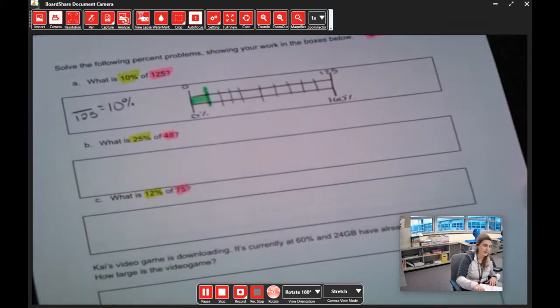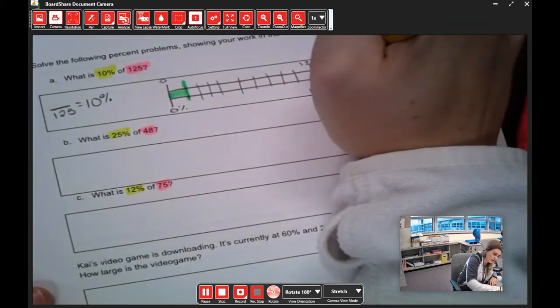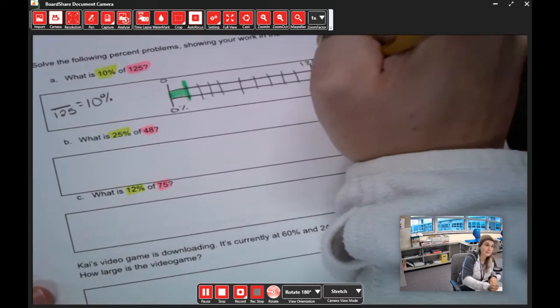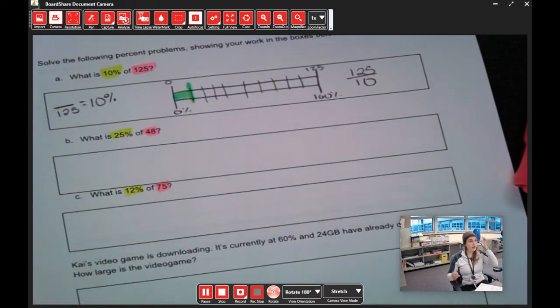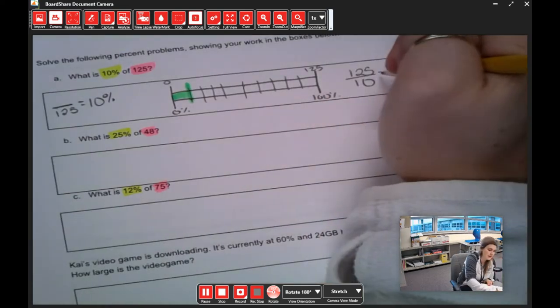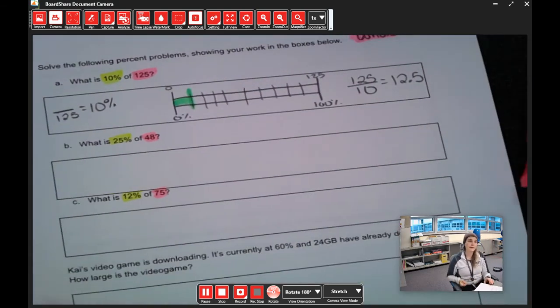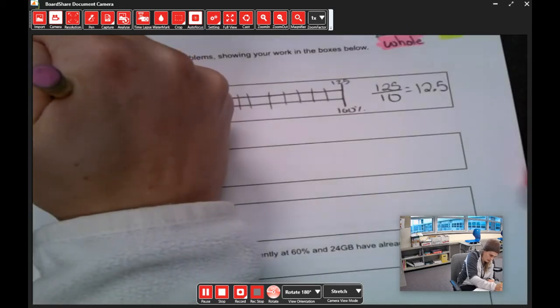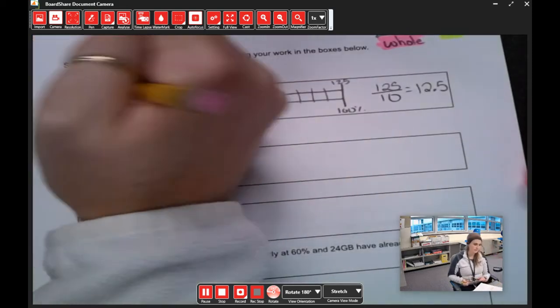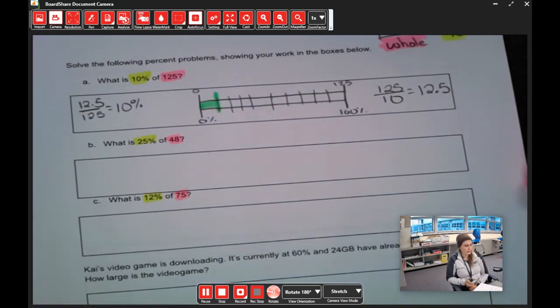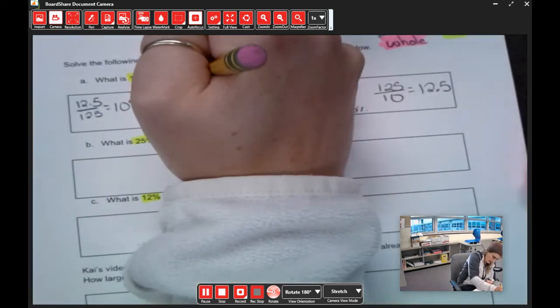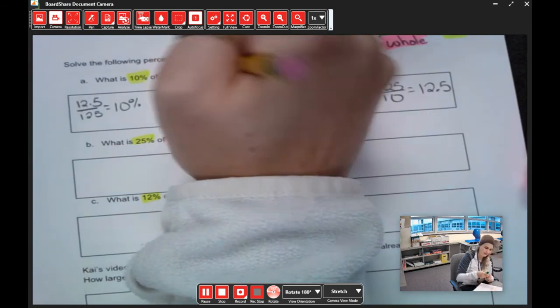And so to find that, I need to do 125 divided by 10, which I know I move the place values over one place. The decimal shifts 1 place to the left, and that gives me 12 and 5/10. 12 and 5/10 over 125 gives me 10%. So that is my answer to this problem.